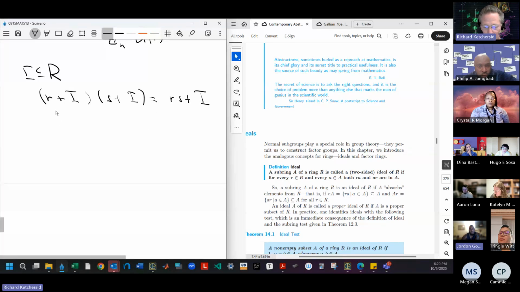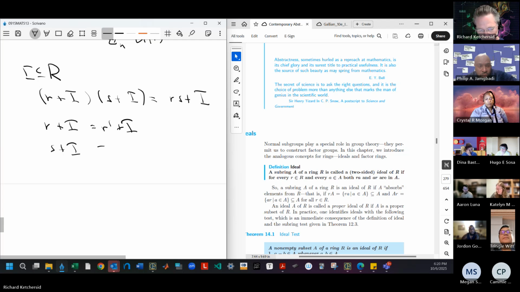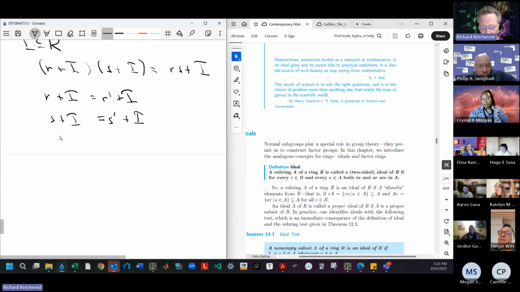I'll give you a hint. Suppose I had two of these things that are the same. Then what had better happen? What had better result? It better be the case that what else is the same. Is it that R prime S prime plus I is equal to RS plus I?